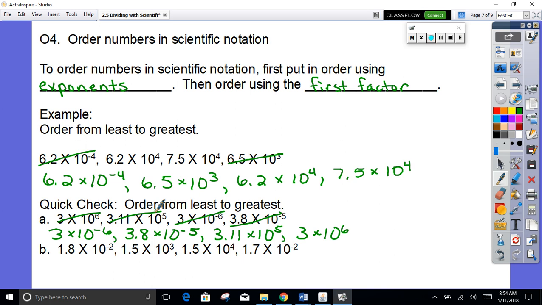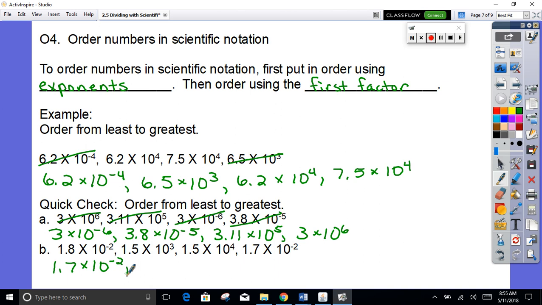Letter B. Elena, which one would go first? 1.7 times 10 to the negative 2. Yes, 1.7 times 10 to the negative 2. I had to think about that a minute. I got mixed up with my thinking about negative numbers, but these aren't negative. They're small, positive numbers.